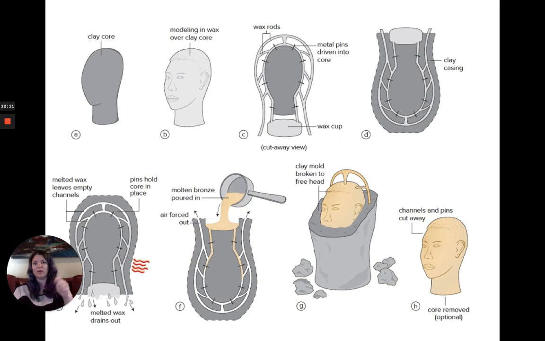So you break all the clay mold off, and then you have your metal left in the form of the modeled wax that was over the clay. And then with the rods, which just create the channel for the metal to go in, you just cut those away and you sand them down, okay? And then you can also break out that ceramic core, the clay core, and just have a hollow cast metal.